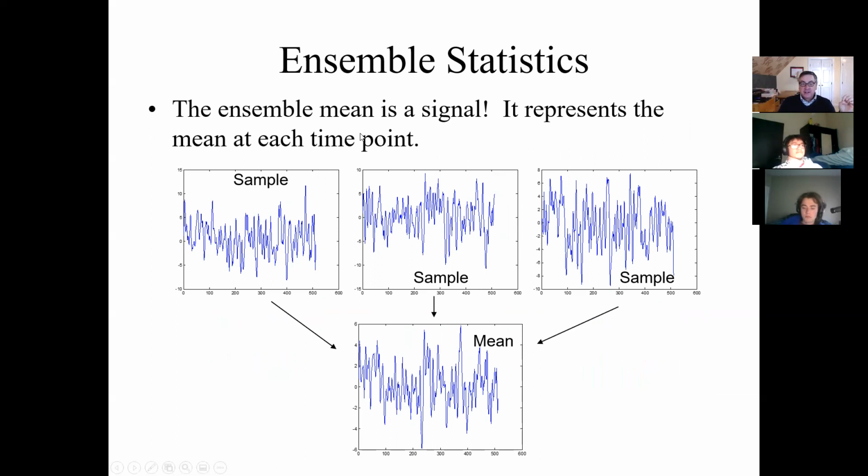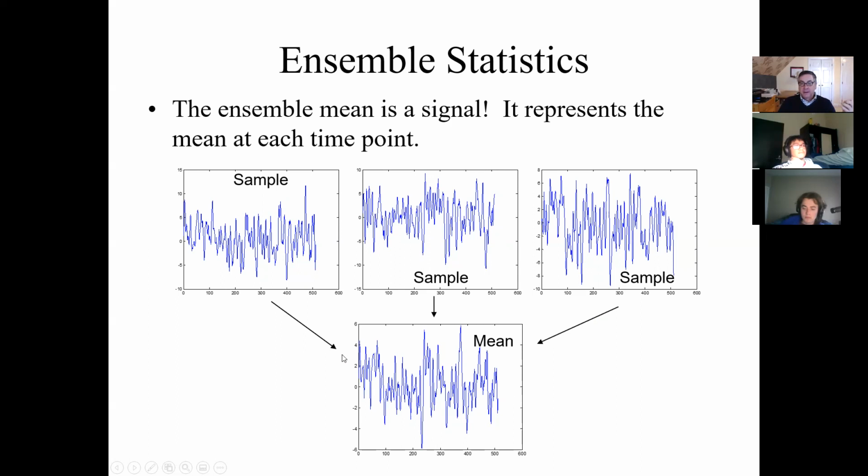If we do that, the ensemble mean is actually a signal. It's not a single number, as in the temporal mean, because we've got the average of the random signal at time 0 and the average of the random signal at time 1 and time 2, et cetera.